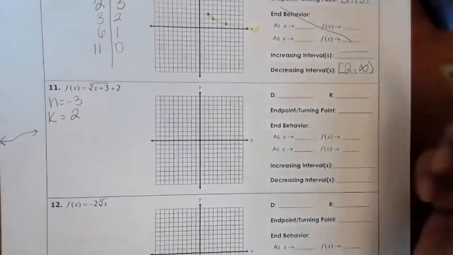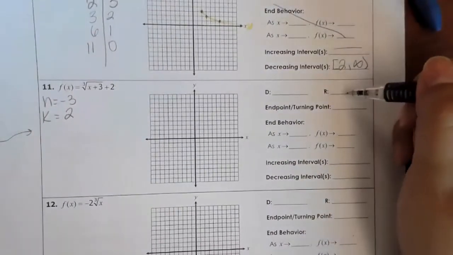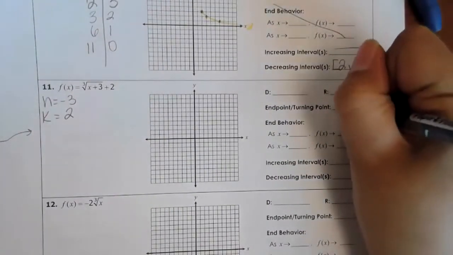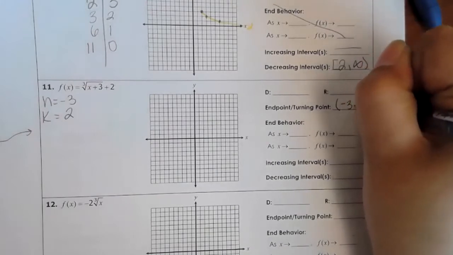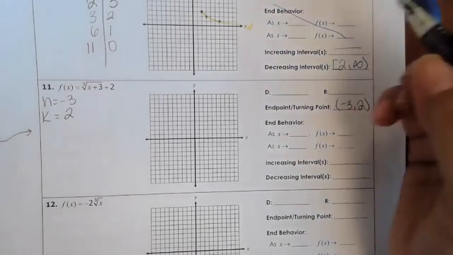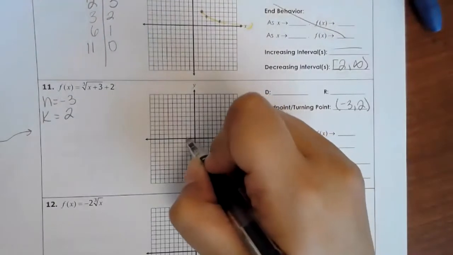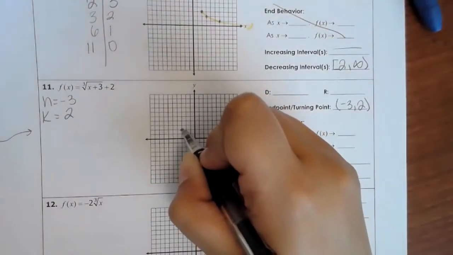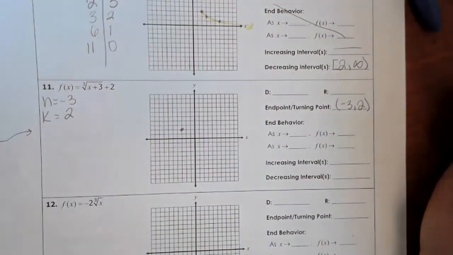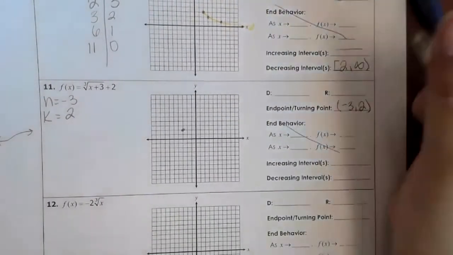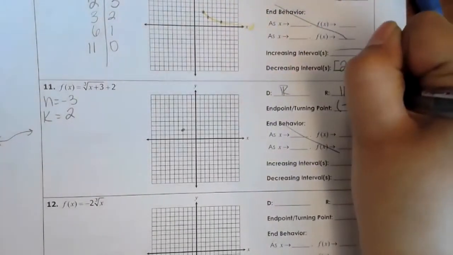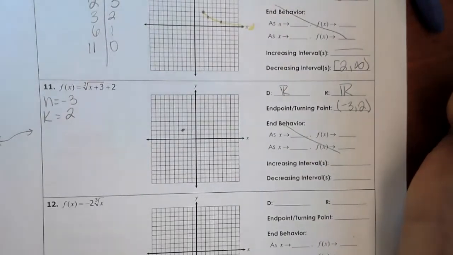They're sideways cubes. So your turning point is negative 3, 2. 1, 2, 3, 1, 2. The domain and range of the cube roots is always going to be all real numbers.